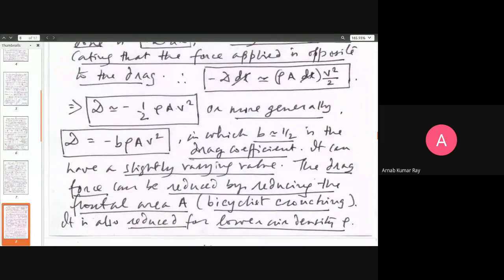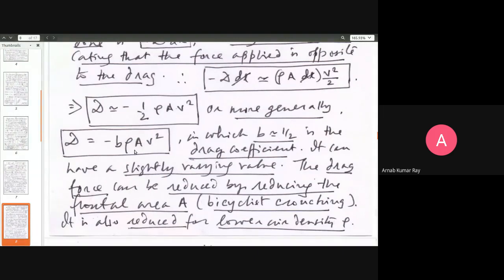B is approximately equal to half, the drag coefficient, and it can have a slightly varying value. The drag force can be reduced by reducing the frontal surface area, for example, by the bicyclist crouching. It is also reduced for lower air density.